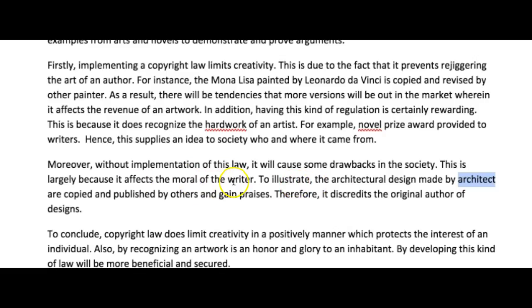So say the moral of the original creator. Therefore, it discredits the original author of designs. Okay? So therefore, the copyright protection protects the author from being copied. Okay? Let's just keep it coherent.